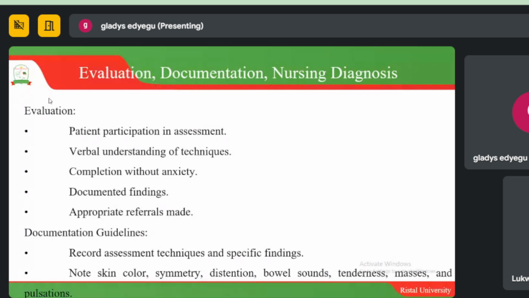Documentation guidelines. You have to record assessment techniques and specific findings.